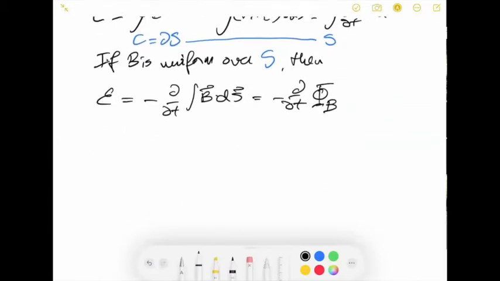So let's see what happens. We have some kind of a coil, a loop, and we have a magnetic field here.